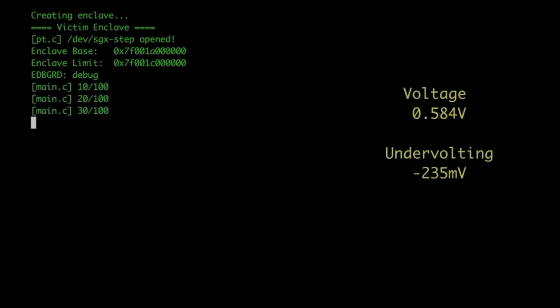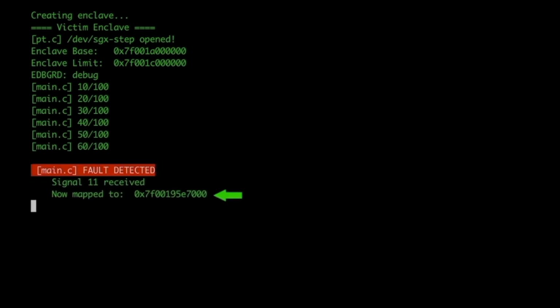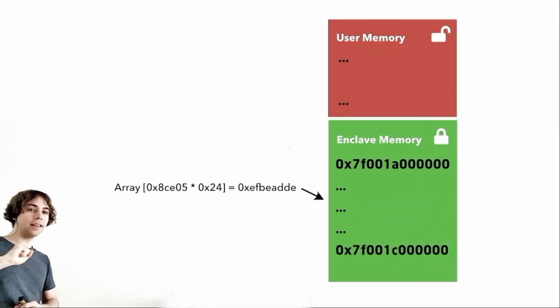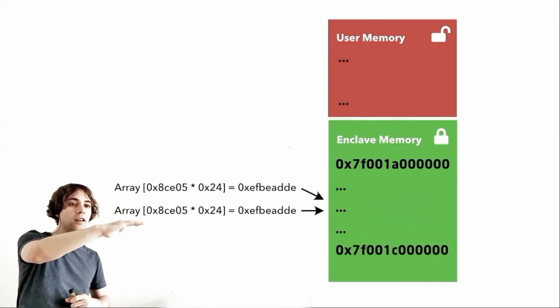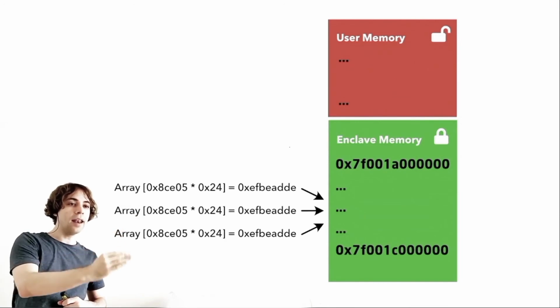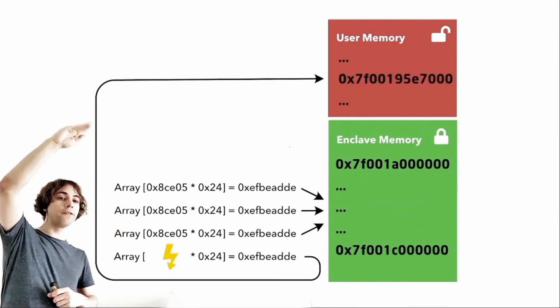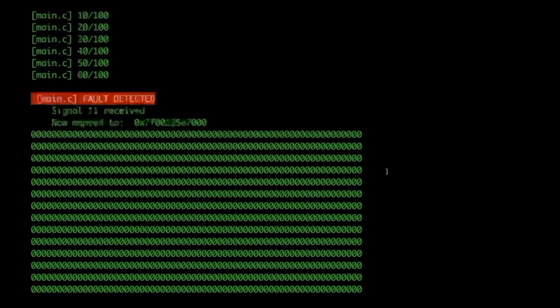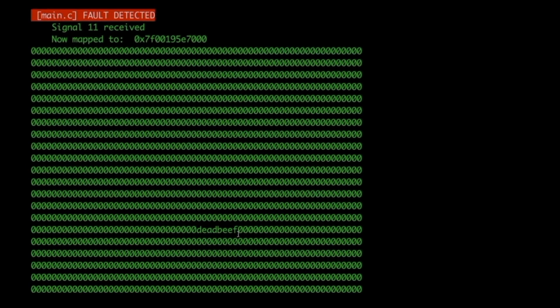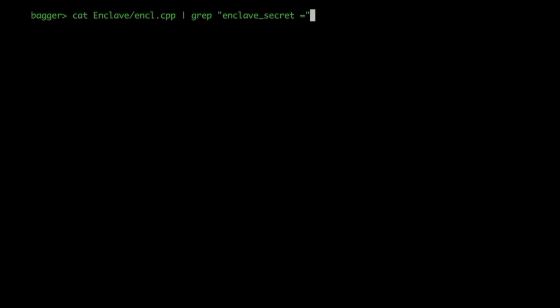Now, if we run this many times, we will see that at some point we have a fault, and this fault means that we started writing to this same location over and over again, and now we had a fault, and it now writes to a different location outside of this secure region. And that means that we can read what the enclave wrote there, and we can see that it wrote dead beef there, which is in this case the secret that we have implemented in our enclave.